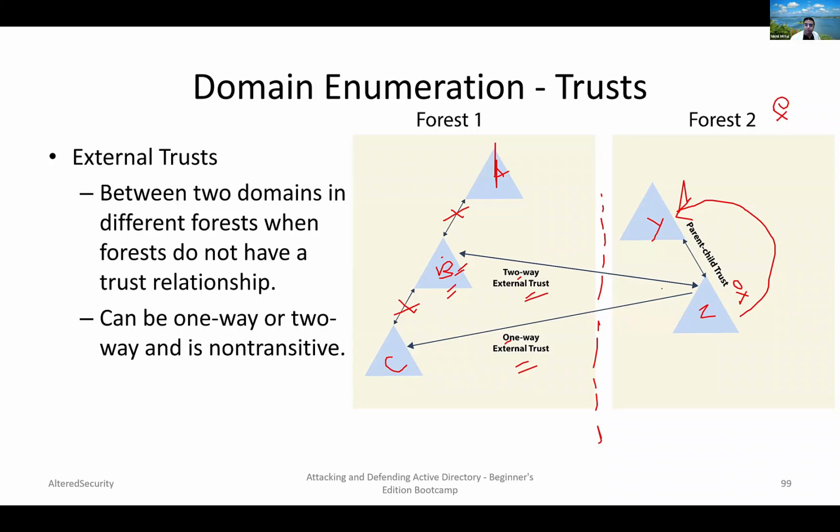If you are coming from Z, there is no transitivity between B to A and B to C. Unless you extract some credentials from B and then use those credentials to access A or C, then it is fine. But transitivity means that without providing explicit credentials, you should be able to go from Z to B and B to C. That's not going to happen.